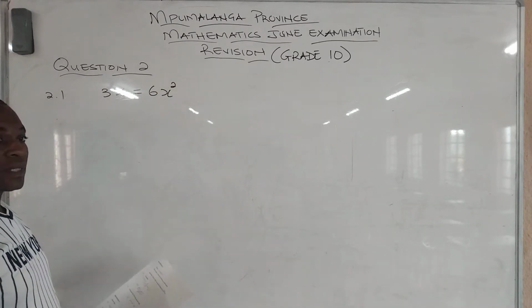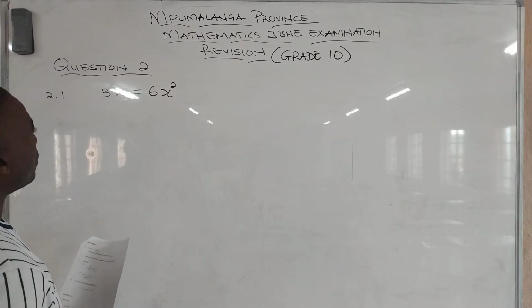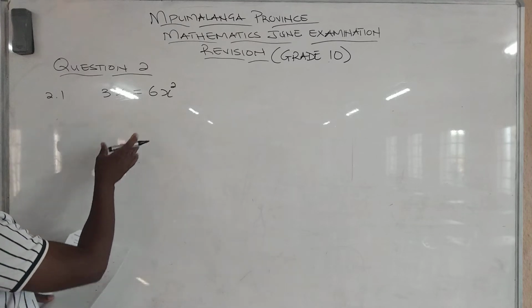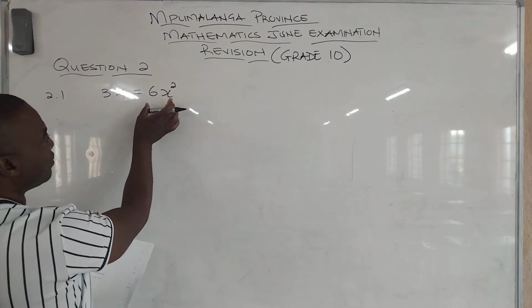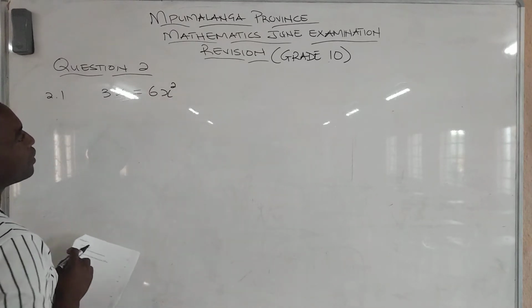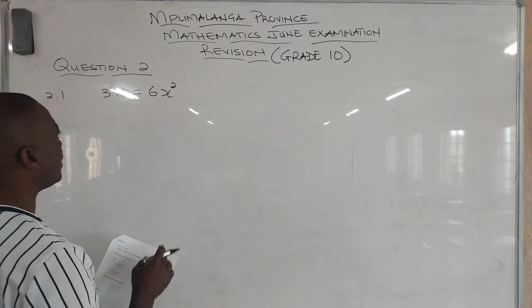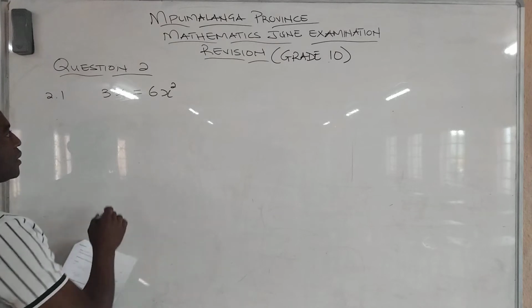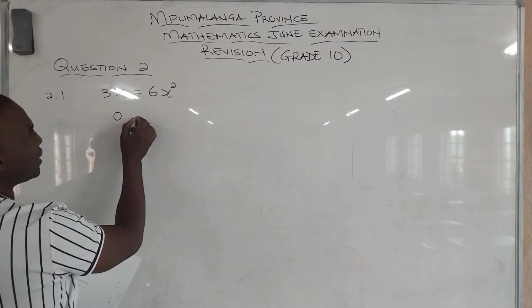This is a quadratic equation, so we need to write it in the standard form first. If you check, the term in x squared is on the right side. It would be better to transpose everything to the right hand side, so remain with 0.